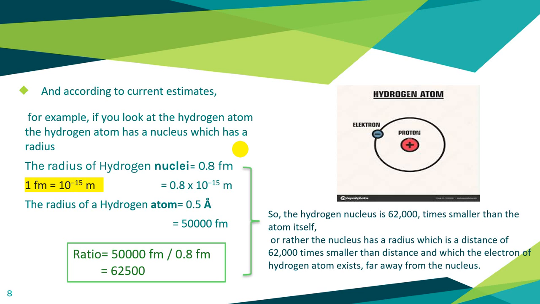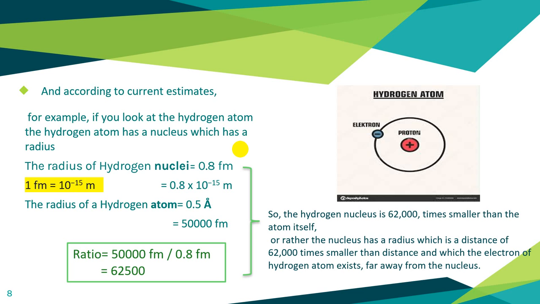If I find the ratio between the atomic size and the nucleus size, that is, if I divide the radius of the hydrogen atom by the radius of the hydrogen nucleus, then what number should I get? This comes out to be 50,000 divided by 0.8 femtometers, which gives approximately 62,500.